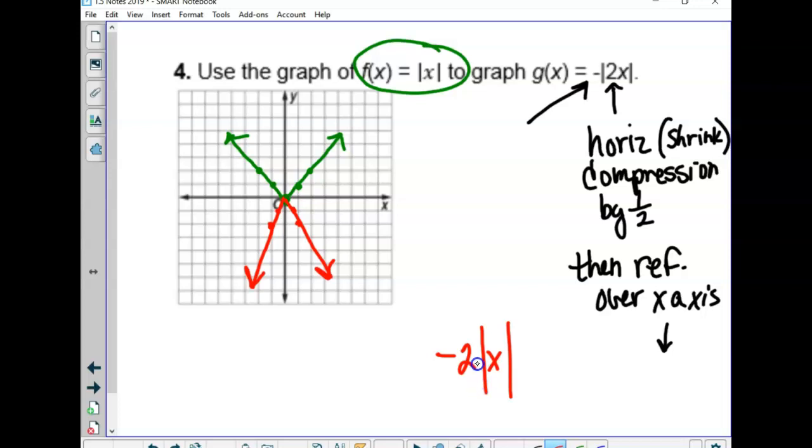If you were to say, I'm going to reflect it and stretch it vertically, is the same as shrinking it horizontally. Because when you have a 2 in here with absolute values, it doesn't matter. Don't like that they give you these ones where it doesn't matter. But the words should say it was a horizontal shrink.